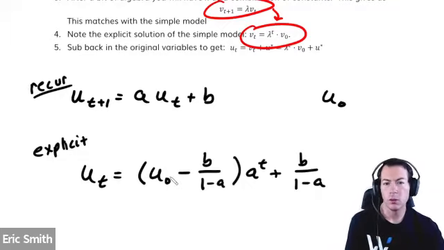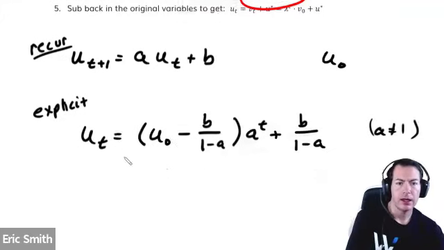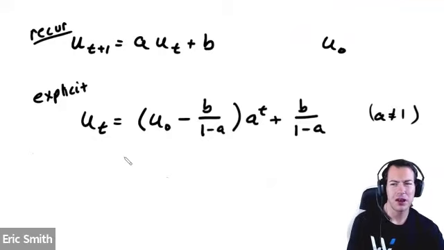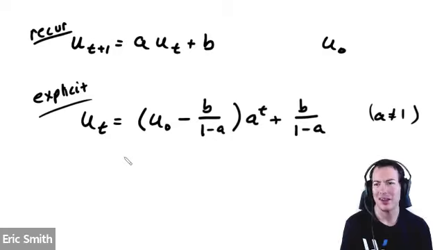Of course, this only works if a does not equal 1. Just something to keep in mind. And you can see that maybe this is why it's called the complex version of it. The explicit form has got a lot of stuff going on in it.